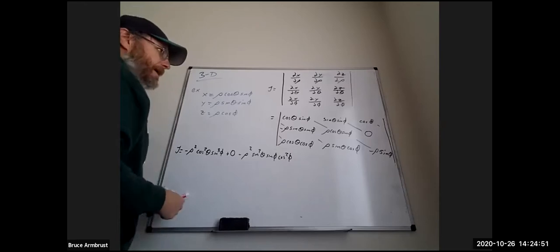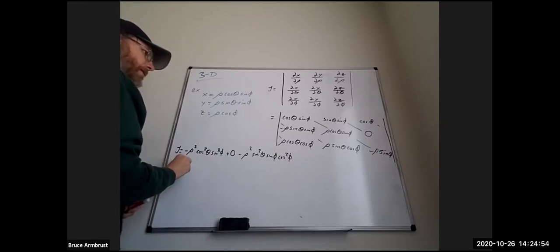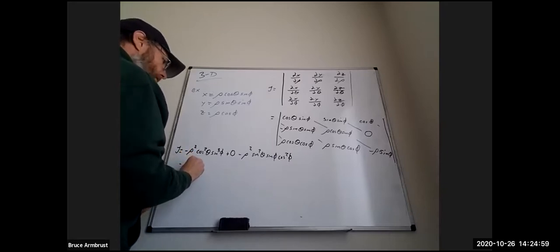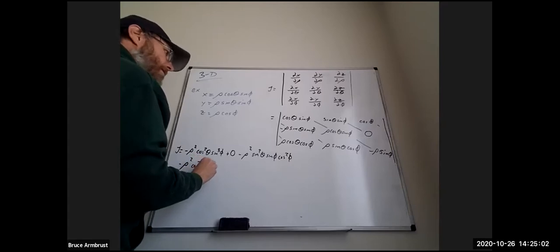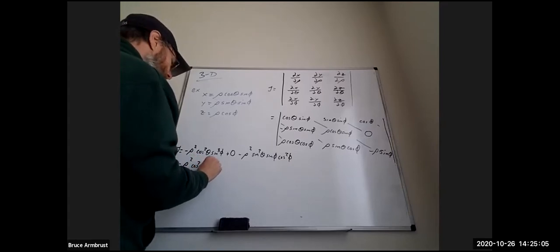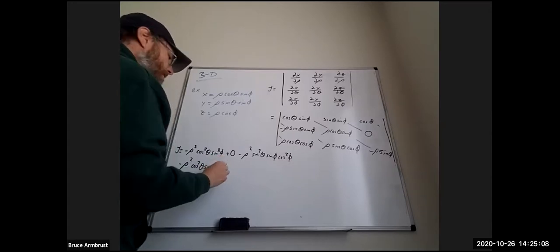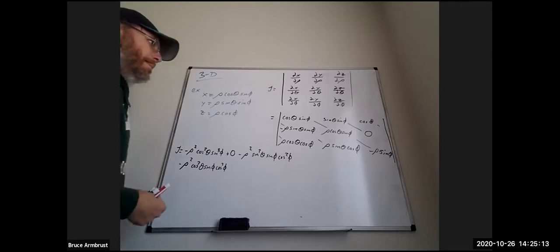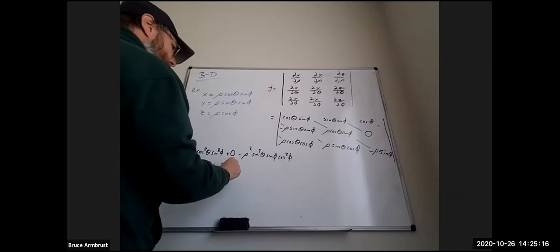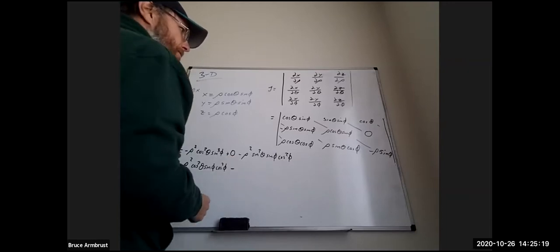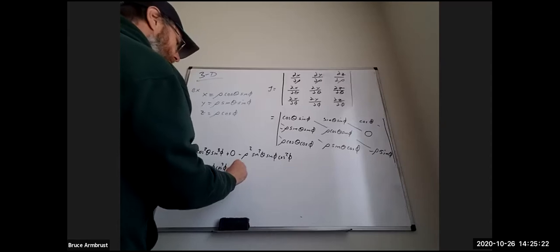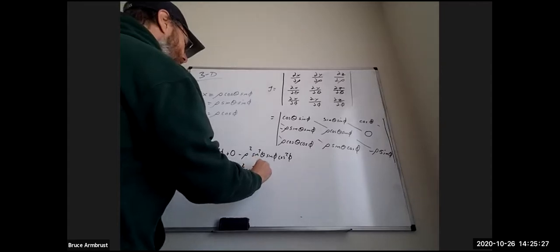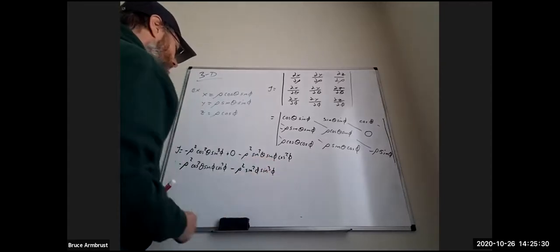So then we're going to get a minus rho squared cosine squared theta sine phi cosine squared phi, then we're going to get a minus rho squared sine squared theta sine cubed phi.